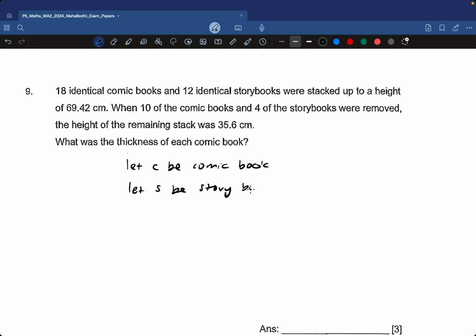Basically what this means is that 18C plus 12S is equal to 69.42 centimeters.